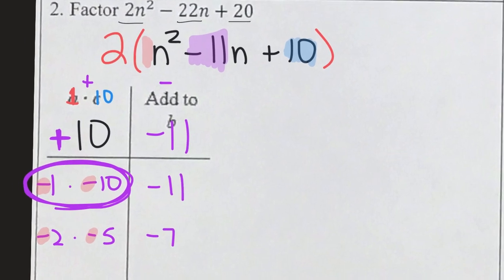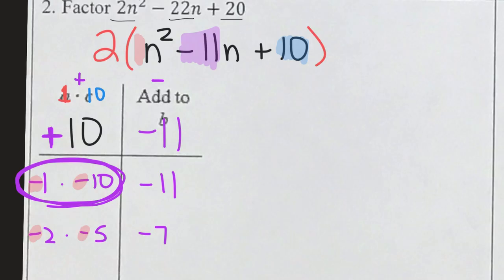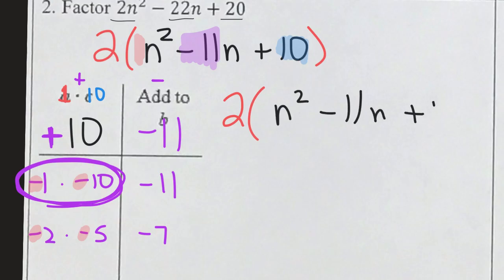Okay, so knowing that, let's come over and rewrite our quadratic. So 2, right, leave it exactly as it is. N squared minus 11n plus 10. So that's your quadratic. Okay, the 2 stays out front. It is not involved with our factorization.